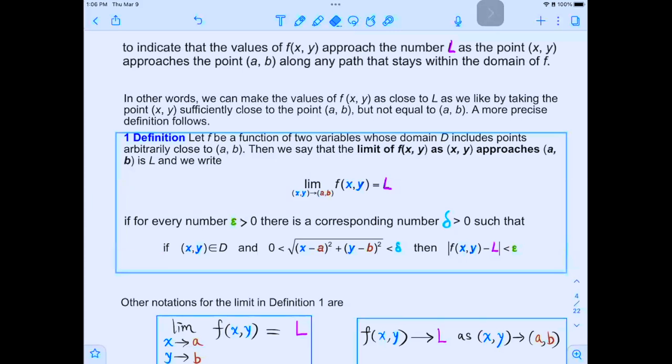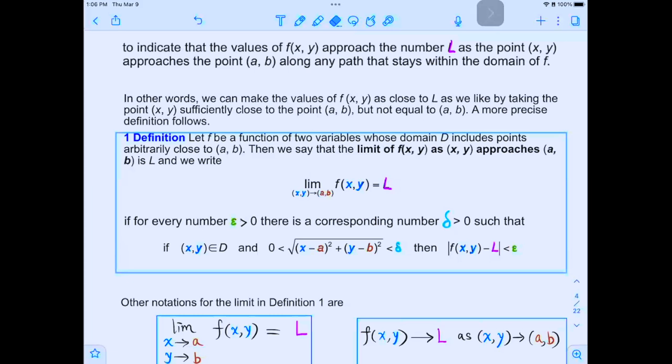Well, think about this is on the xy plane, right? So this is the xy plane, and this is for f of (x, y), and that's z.